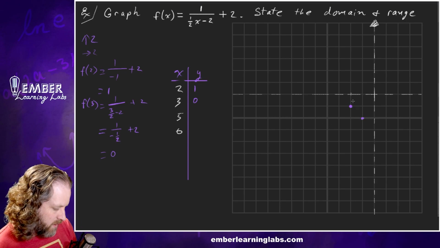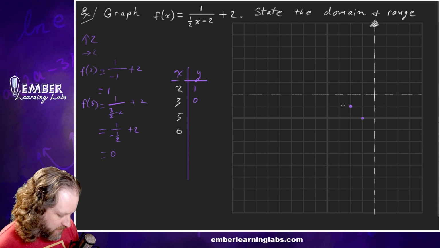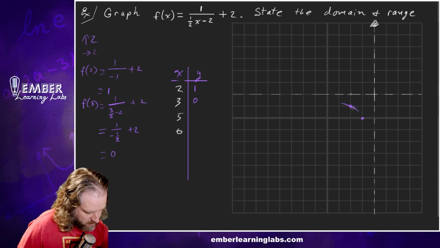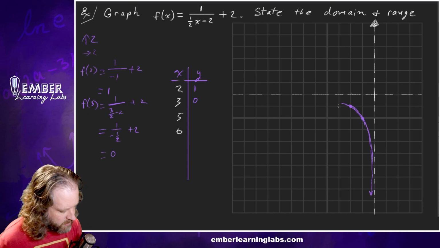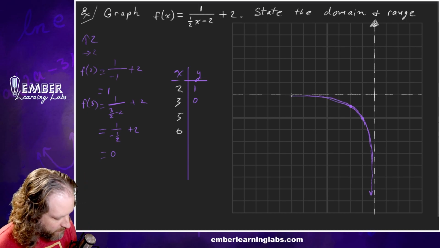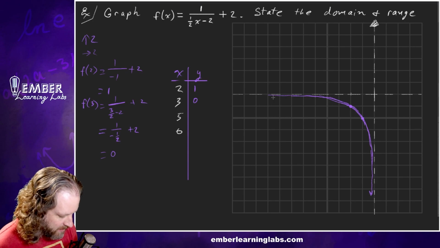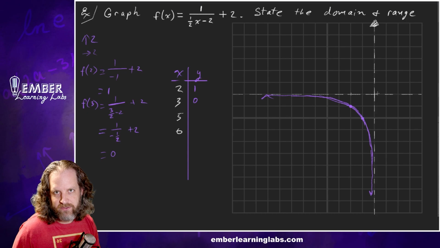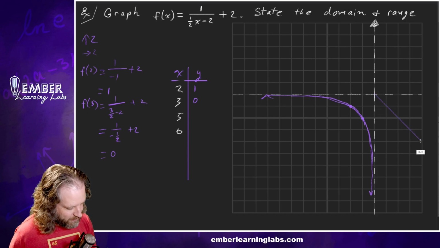Now, these functions are symmetric. They're not symmetric about the x or the y-axis, or even the asymptote. They're symmetric about the line that is like the inverse line from here.